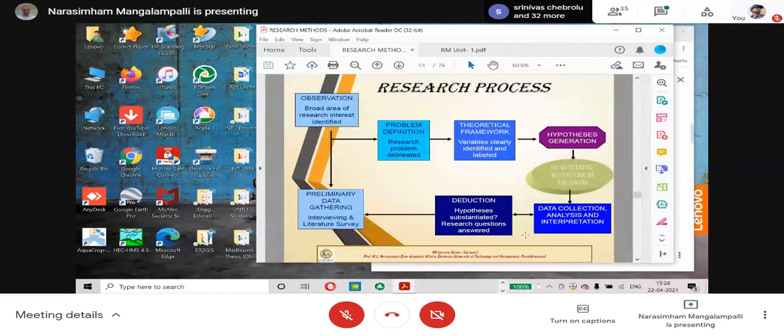Here, the conclusions are not added. So in between these two boxes, or even after this box also it is appropriate. Below this you can add conclusions and then reporting. That is thesis writing.